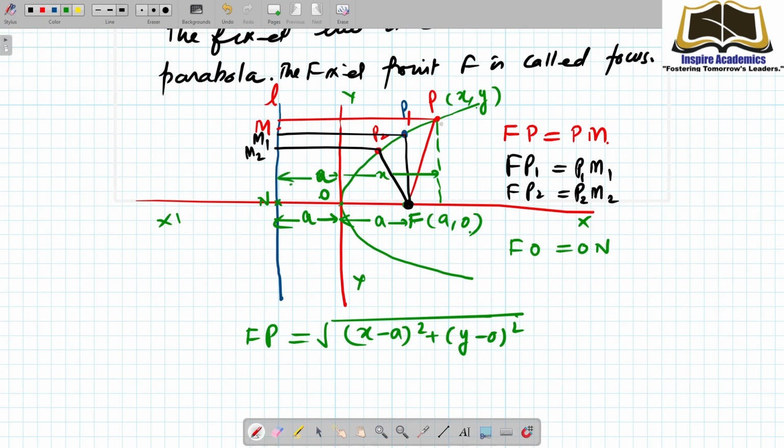So distance PM would be x plus a. All right.